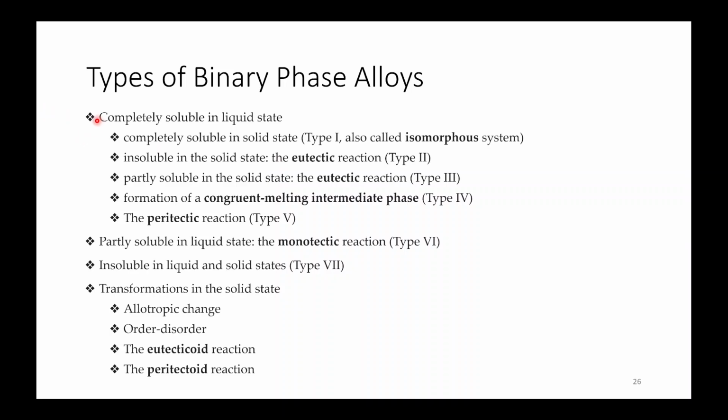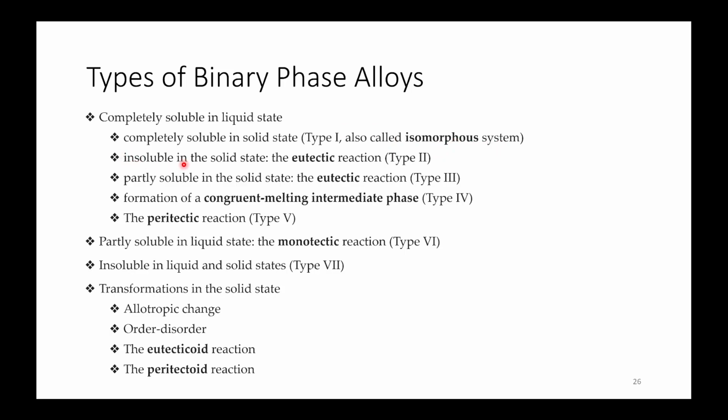So these are the various types of binary phase diagrams that are possible. First, there can be complete solubility in the liquid state, and in this case there are 5 types of phase diagrams. First, they are also completely soluble in the solid state, and in this case these are called isomorphous systems.